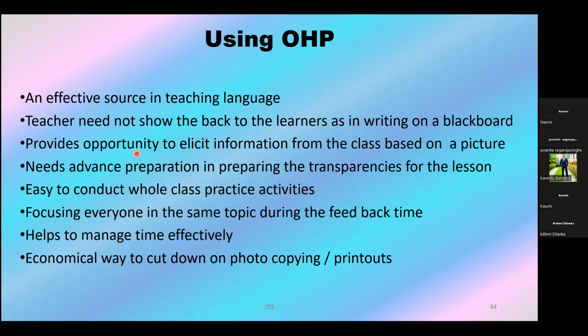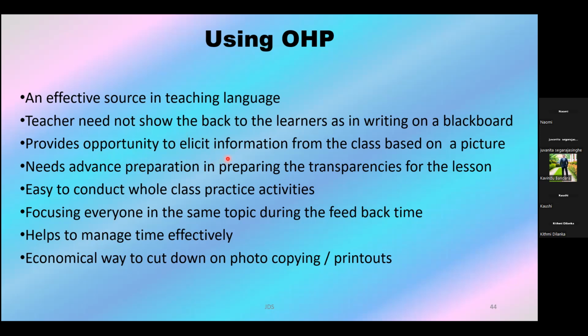Together, they will be able to use the pictures and the language prompts, or you can give them the language prompts in the form of word cards distributed in groups. Display the different pictures on the OHP and ask them to construct the story. So it becomes a very handy tool when it comes to teaching any area of the language.